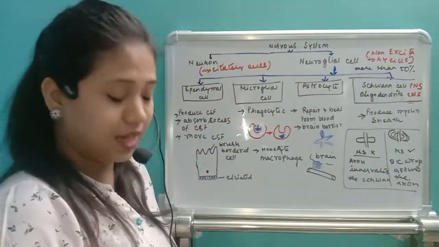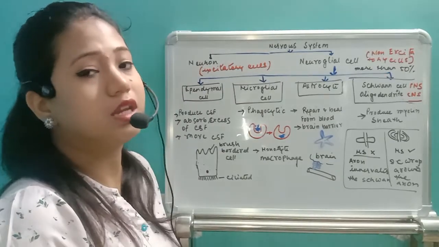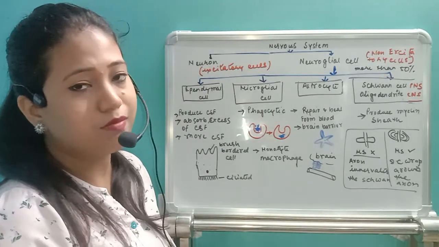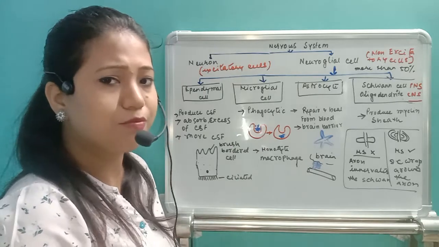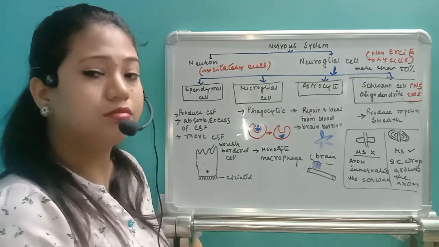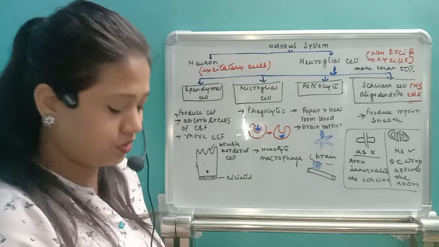The same type of cells form the myelin sheath in the central nervous system.